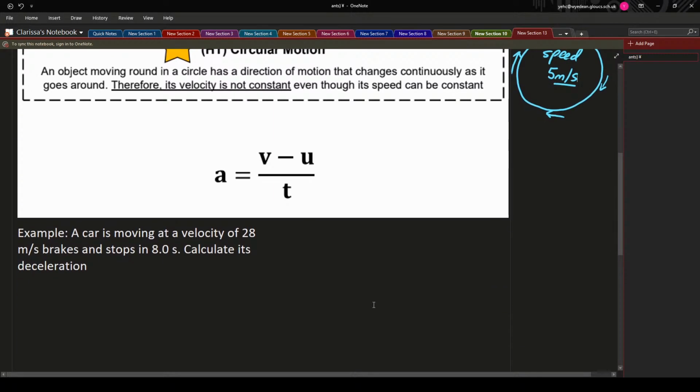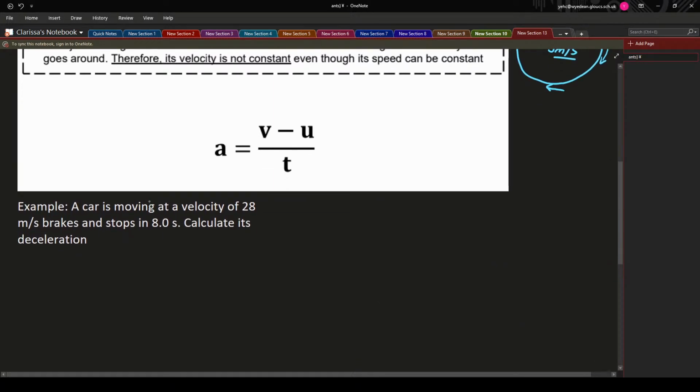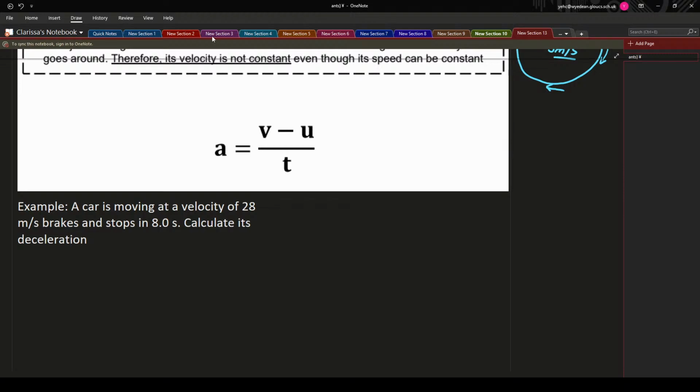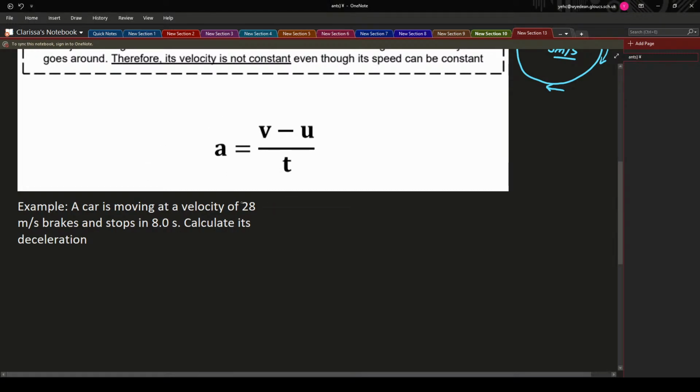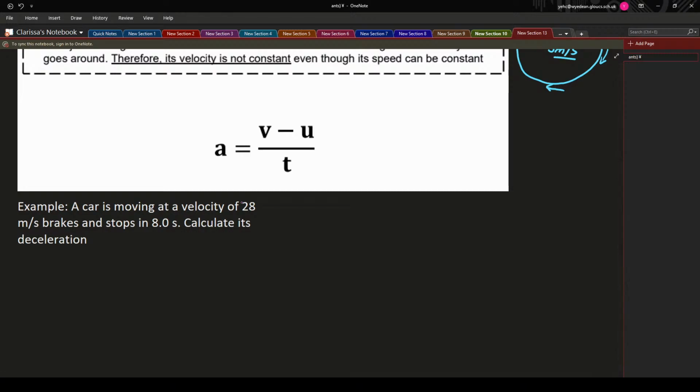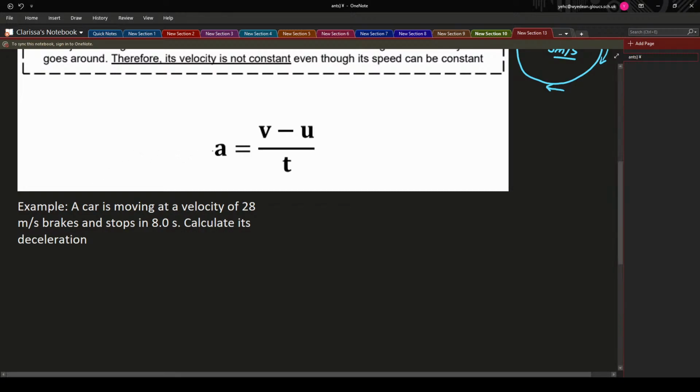Now let's look at the formula. Here's our formula for acceleration. We have a equals v minus u over t. So I'm going to label what all of these letters mean in this formula. Let's start off with what a is.